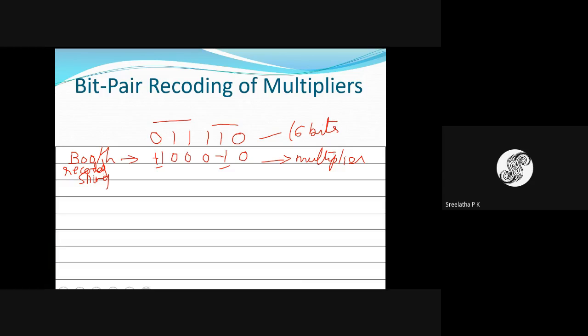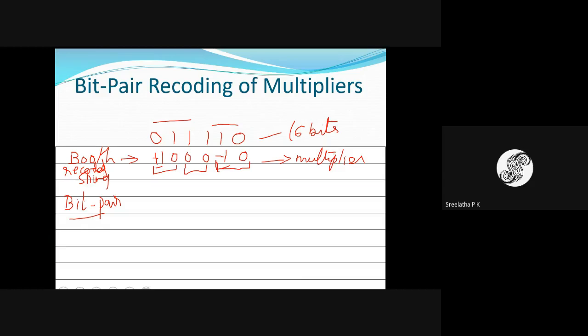Now this multiplier is paired according to the bit pair recoding technique. However many multiplier bits there are, they are paired into two, so the number of multiplier bits reduces to n by 2.